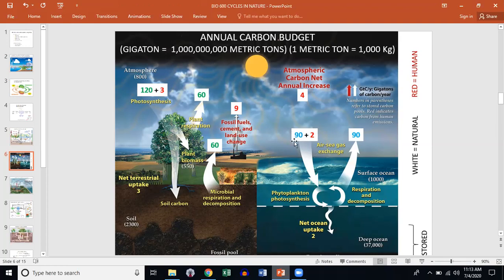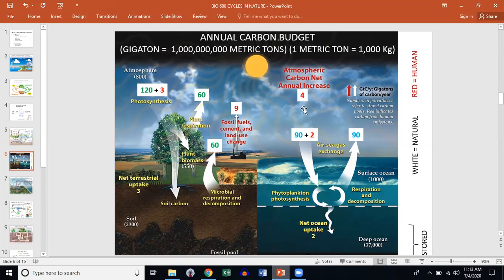So we see that the phytoplankton also has a capacity to absorb excess, not just 90, but 92. These 2 come from our production of CO2. Okay, so we got 3 over here, we got 2 over here, makes 5. 3 plus 2 make 5. But of the 9 that leaves 4, net 4 increase.